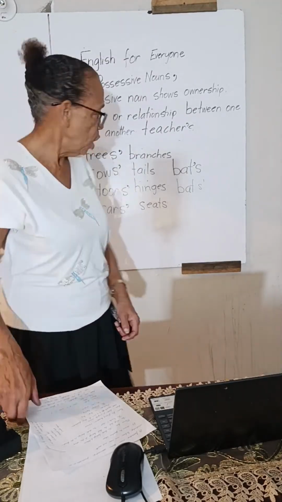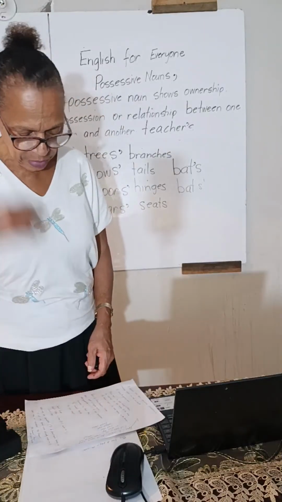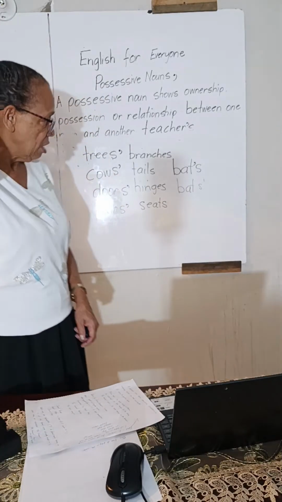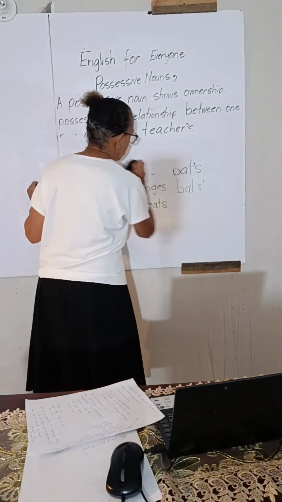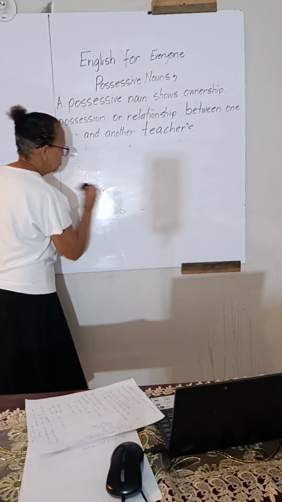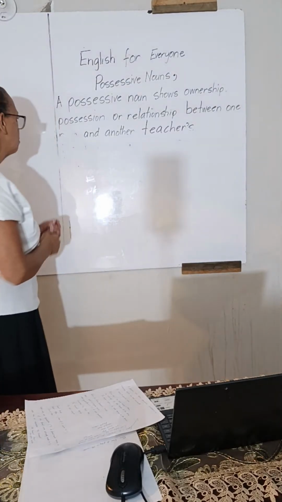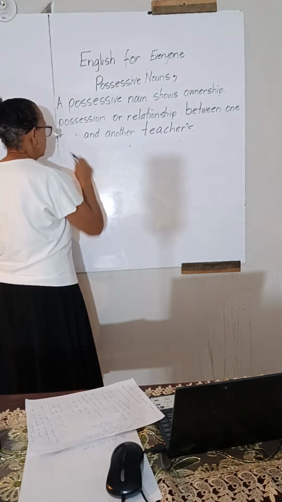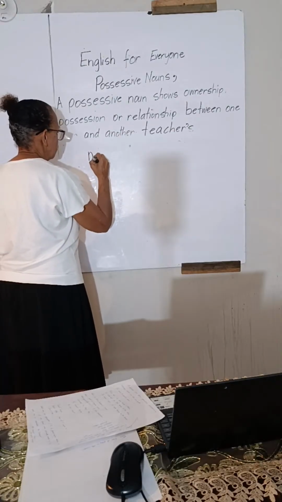All right, so we went on to talk about the other one. We talk about adding S to irregular nouns. Like you can think of mice.